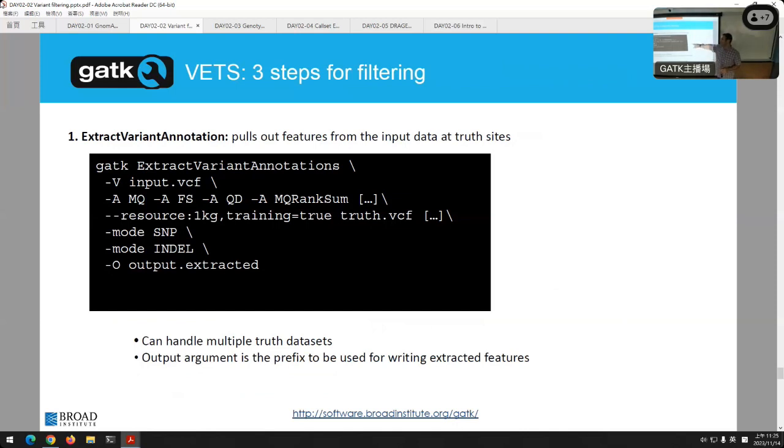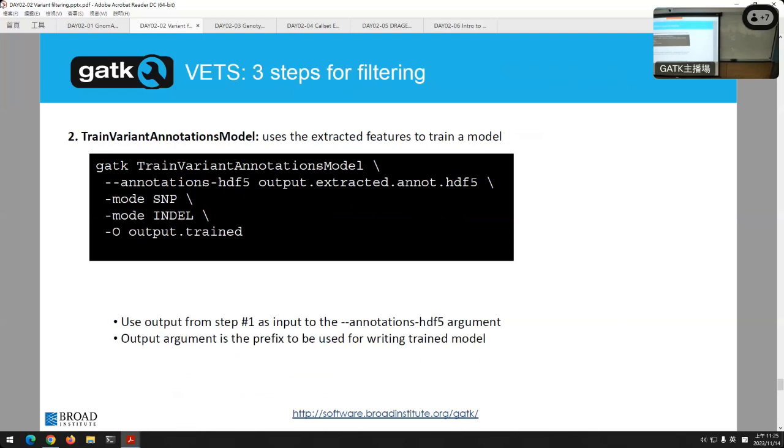And there are three steps. First, extract the annotations out. Remember, the annotations are the features, the metadata associated with all the variants. You pull them out. The -O is your output, and it's just a header prefix. Then you train your model, and the training of the model runs pretty quickly.